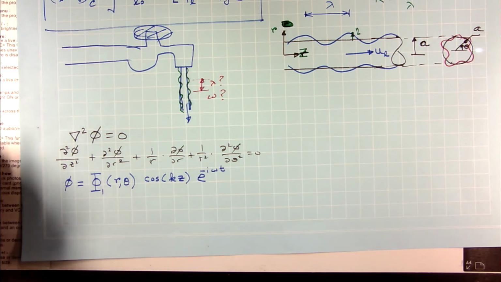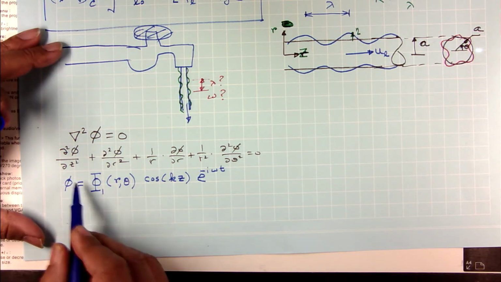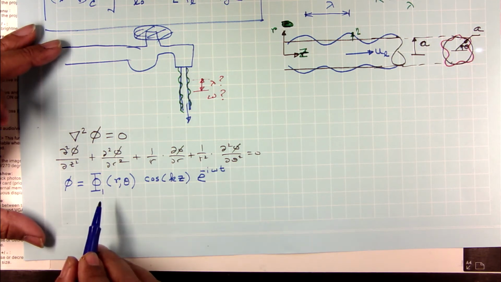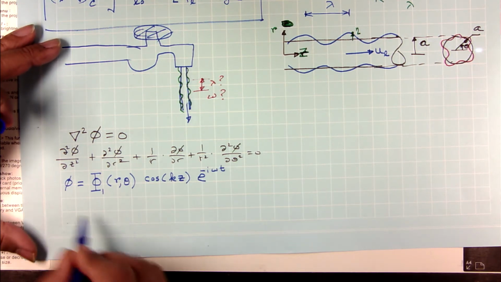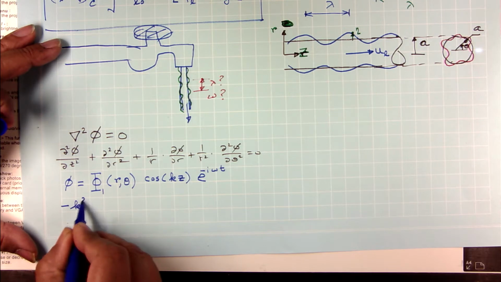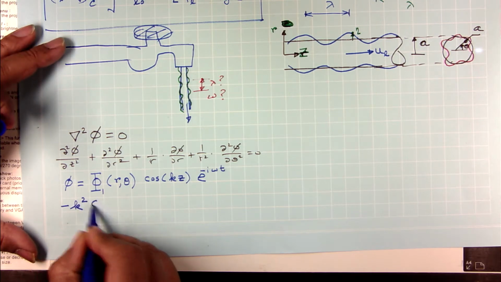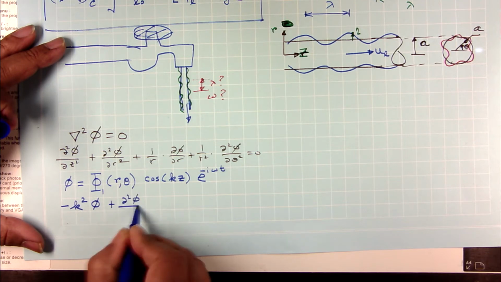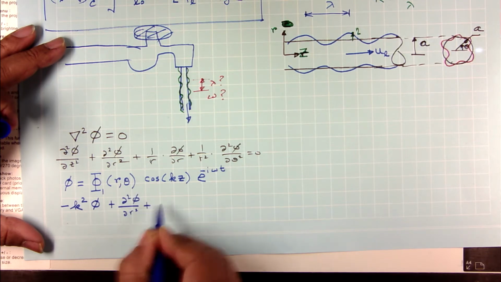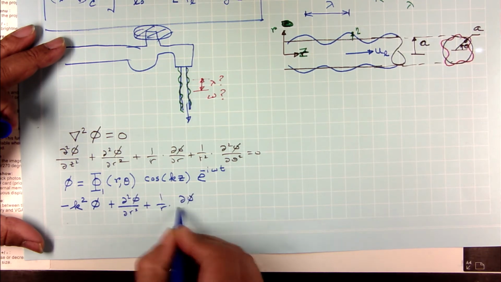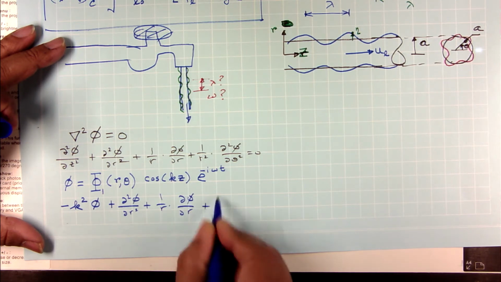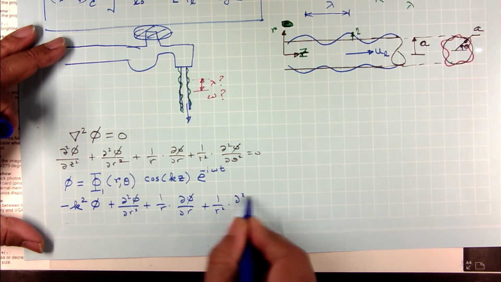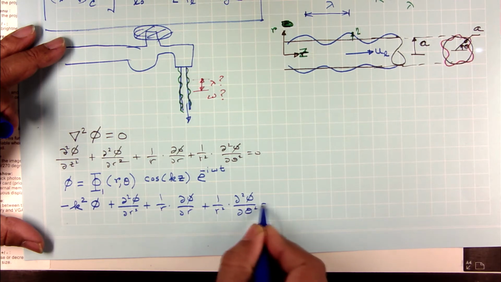So, if I substitute this back in the mass conservation equation, del square phi equal to 0, I will end up with minus k square times phi plus del square phi by del r square plus 1 by r del phi by del r plus 1 by r square del square phi by del theta square equal to 0.